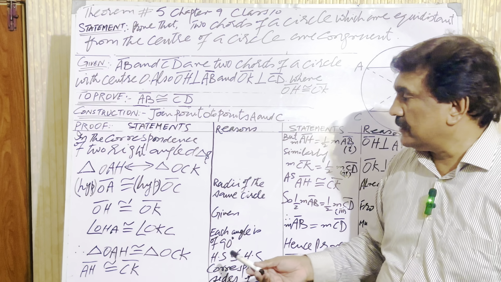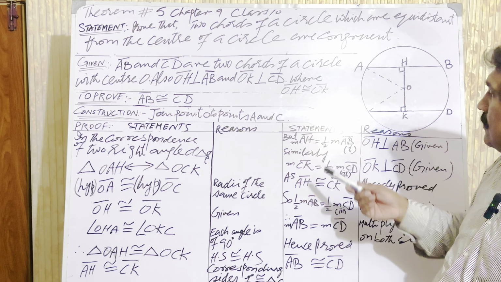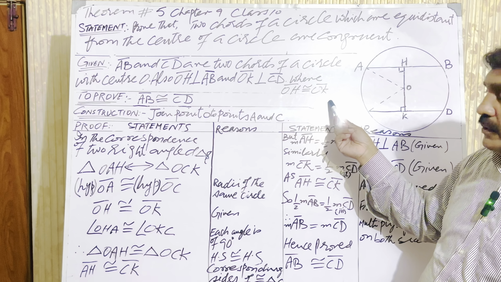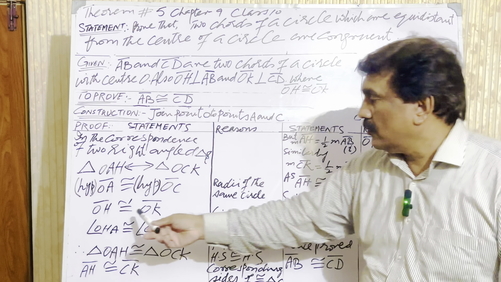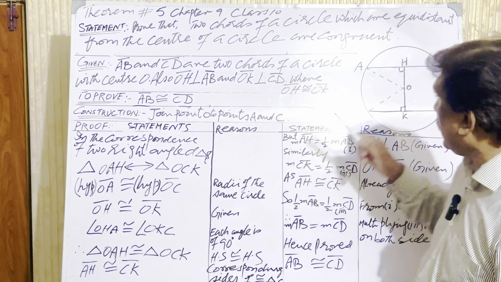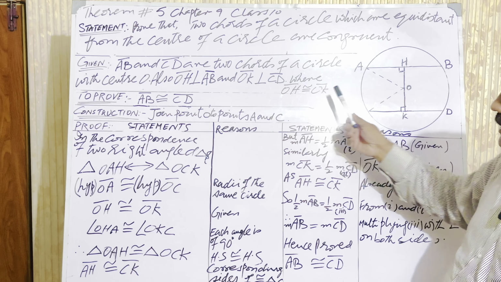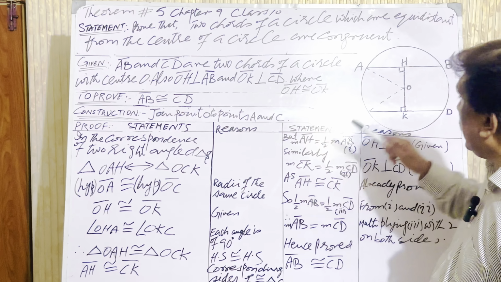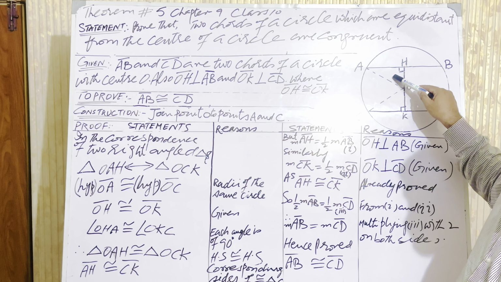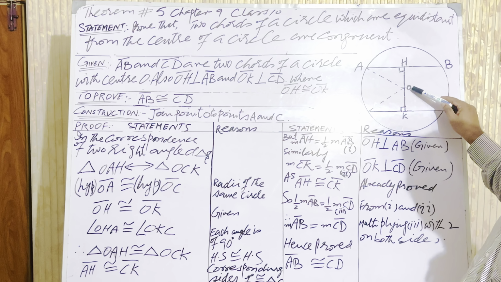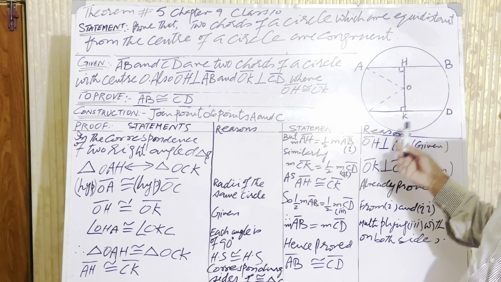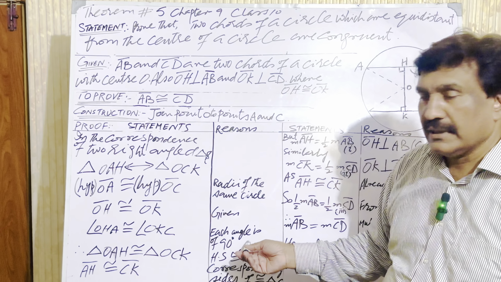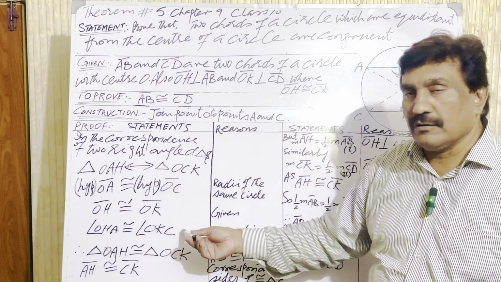Done? Okay, next. Now OH is congruent to OK, this is already given. Now angle OHA equals 90 degrees, and angle OKC is also 90 degrees. So each angle is 90 degrees, so these two angles will also be equal.